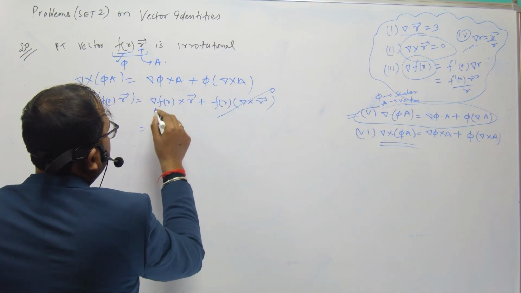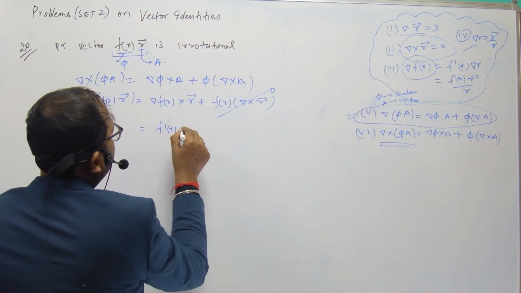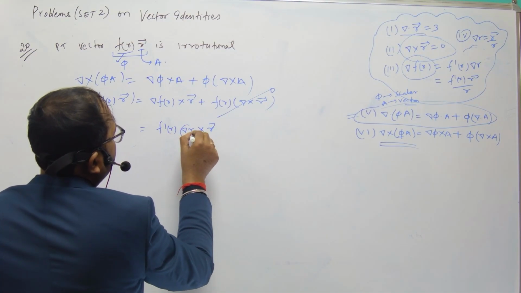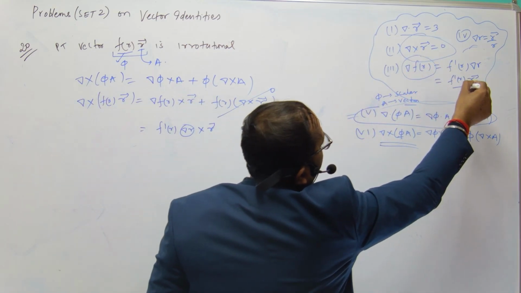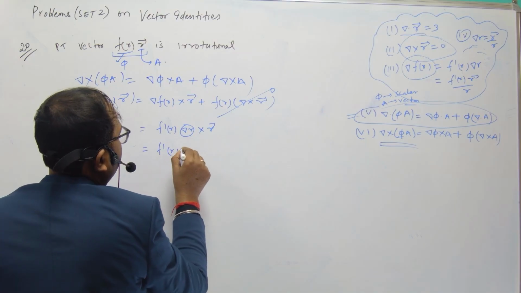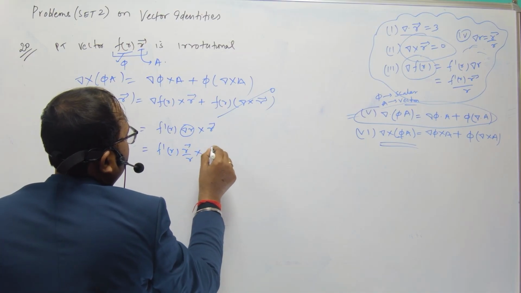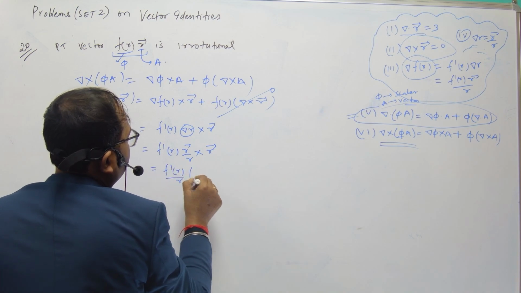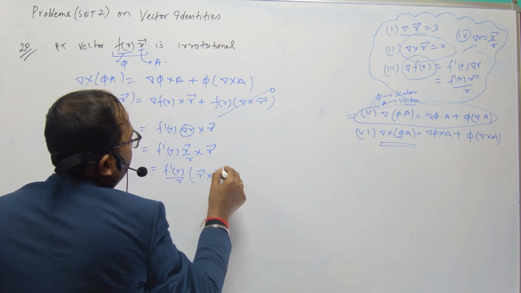Now del of f(r) is f dash r times the gradient of r, cross r vector. Gradient of r is r vector upon r. So this is equal to f dash r, r vector upon r, cross r vector, equal to f dash r upon r times r vector cross r vector.